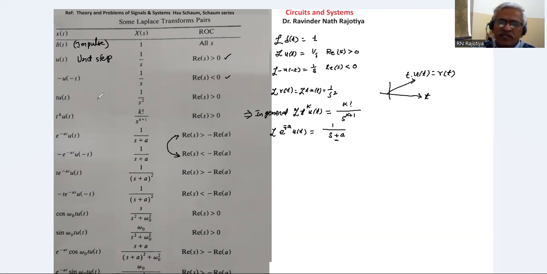So given these signals, you can directly substitute the answers as this, and also say what is the ROC. At times you also would require to find out the inverse of the Laplace. Given the signal in the Laplace, you may be asked to find out what is its time domain equivalent.